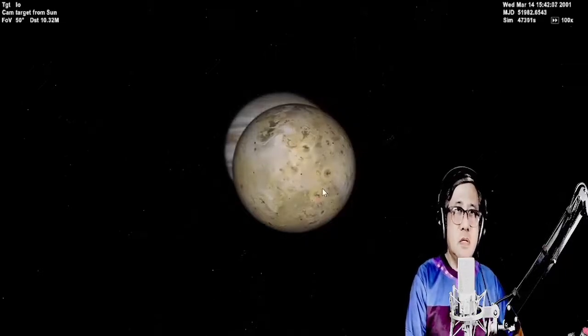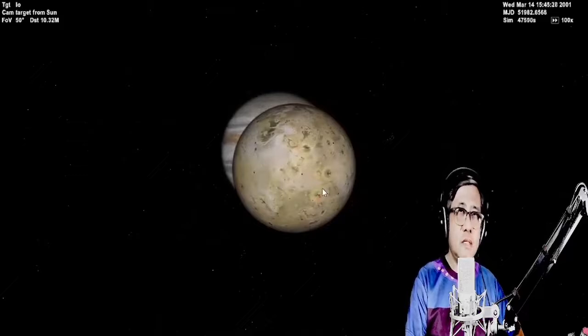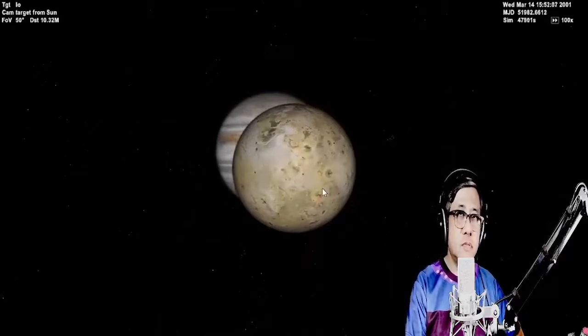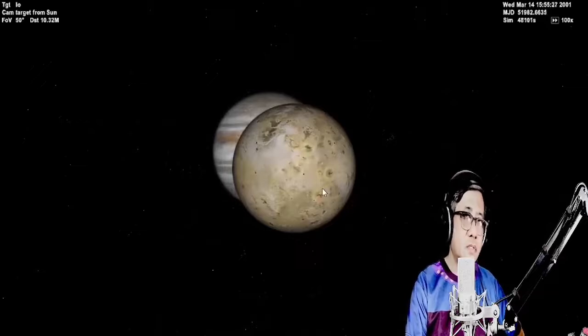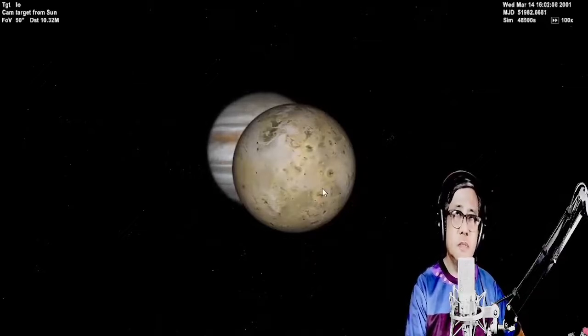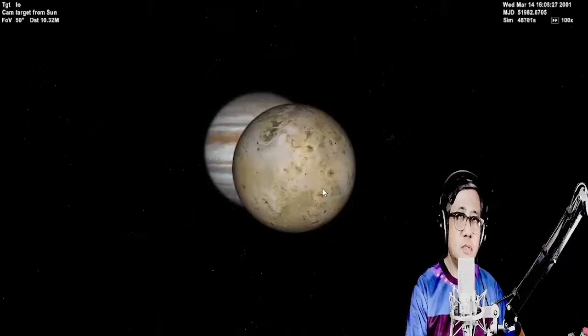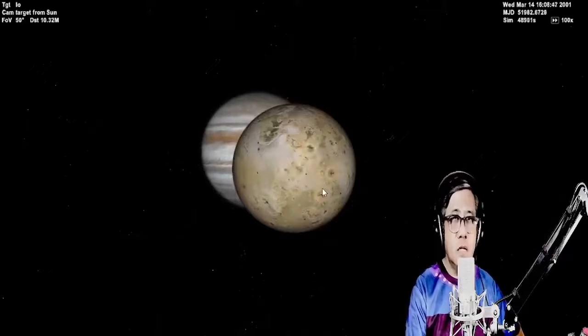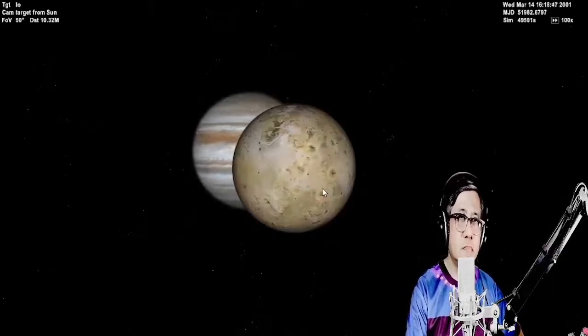A volcanically active body. And as discovered by Voyager, Io has more than 400 active volcanoes. Grabe, mga ka-spacers. That makes Io the most geologically active object in the solar system.